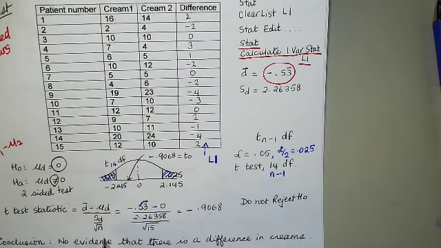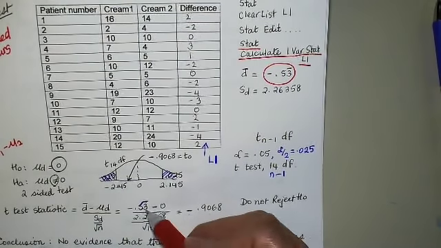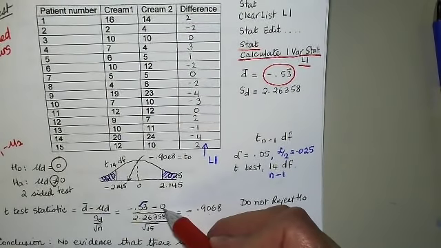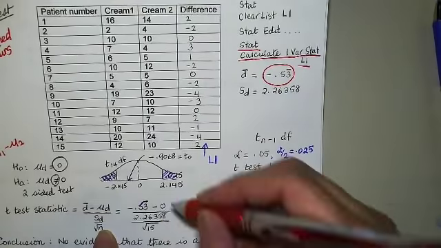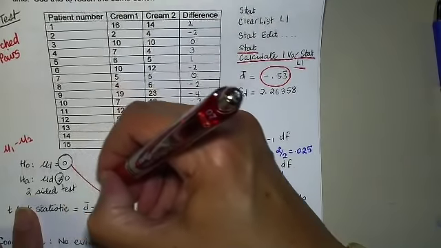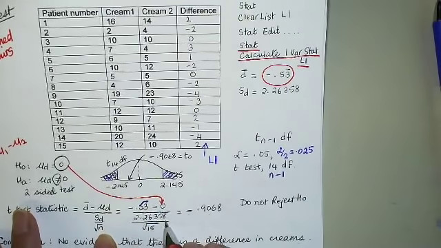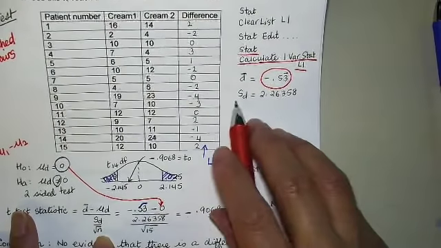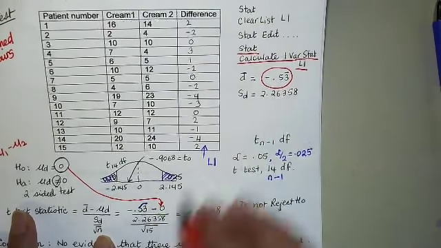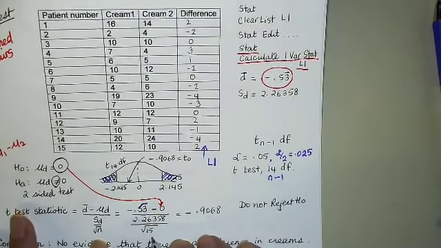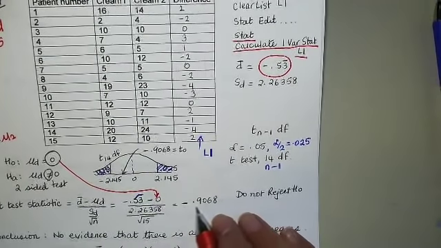So I use this minus 0.53 number for d bar. So here I am. Instead of writing x bar minus mu naught over s over rad n, I'm writing d bar minus mu d over sd over rad n. So minus 0.53 minus this mean. This comes from here.